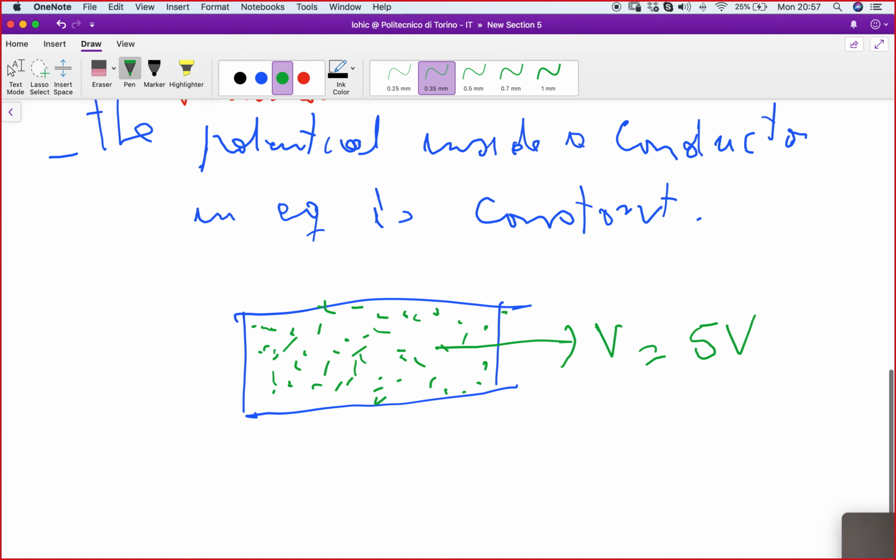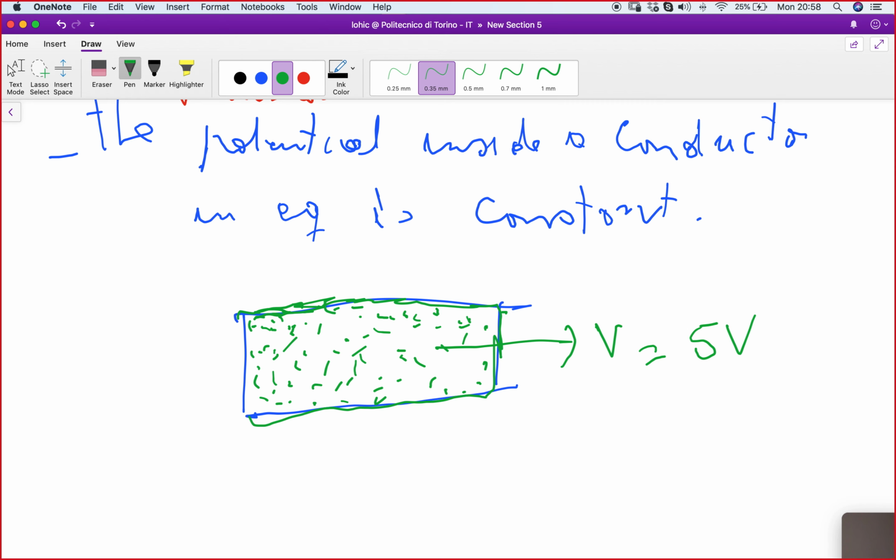Is that clear? Up to you, what will be the value of the potential on the surface? No. At any time, this conductor is in equilibrium. I am saying, what will be the value of the potential on the surface of the conductor?